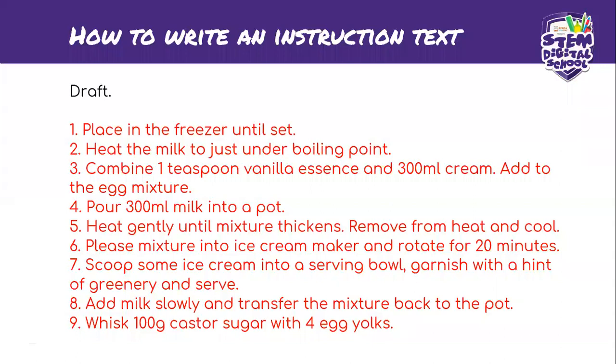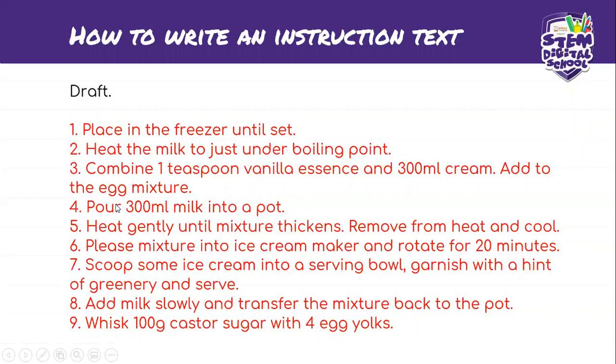Look at my number one, for example: place in the freezer until set. What is it that I place in the freezer until it's set? We haven't done anything. You can read all these steps and you realize that they are not in order.